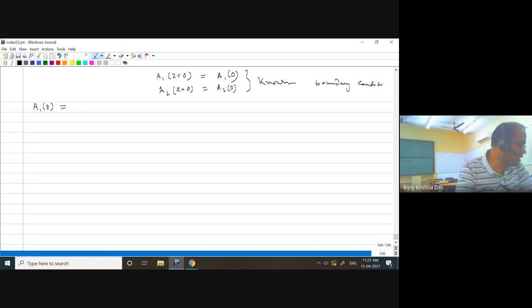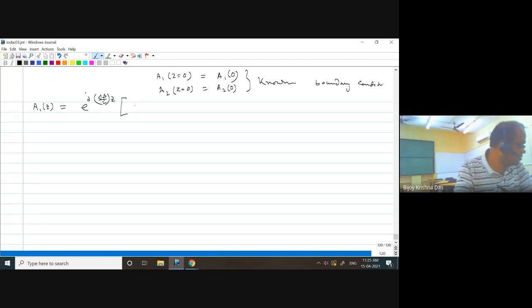So using that, whatever you get, I'm just writing e to the power j delta beta z. You all try to solve and confirm with me later whether there are any mistakes or not.